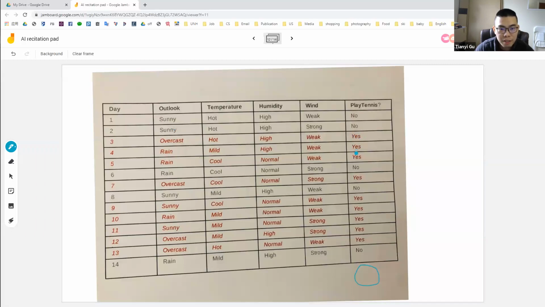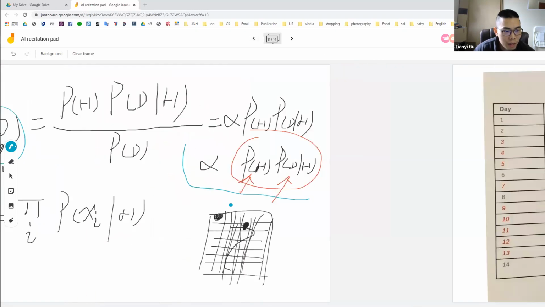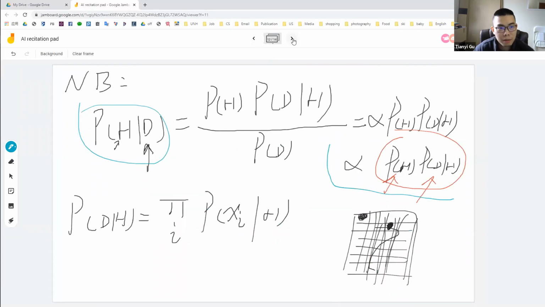So for yes, if we never see sunny, we still have to add 1 to the sunny for the yes, right? For no, if we never see overcast, we still have to add 1 to that no. Otherwise, after it's multiplied together, this term is going to be 0, which is too bad.